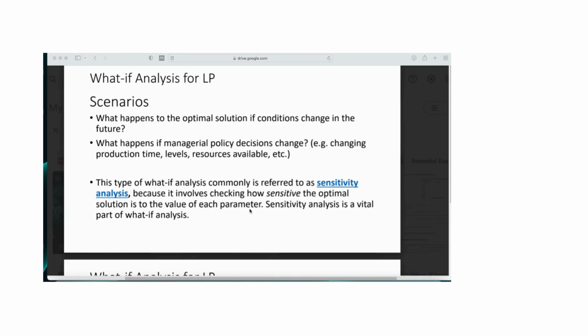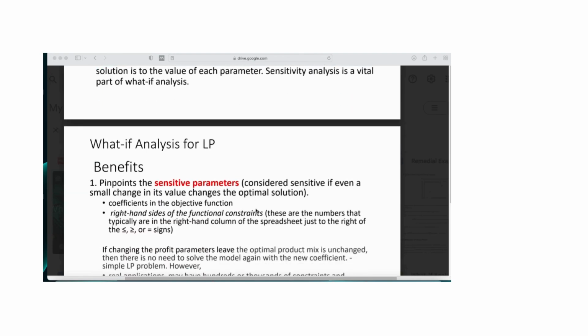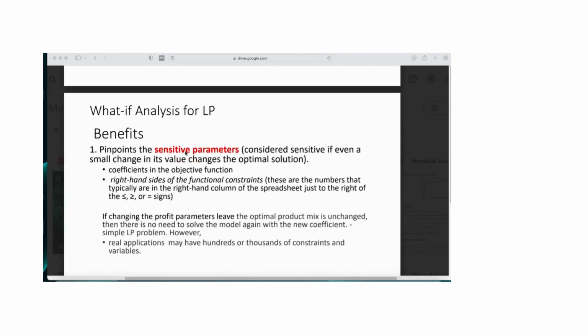The other word that we want to understand is parameter. Before you should be able to understand sensitivity analysis, you first have to understand parameter. Now what is a parameter? Before we can understand sensitive parameters, let us first understand parameters.